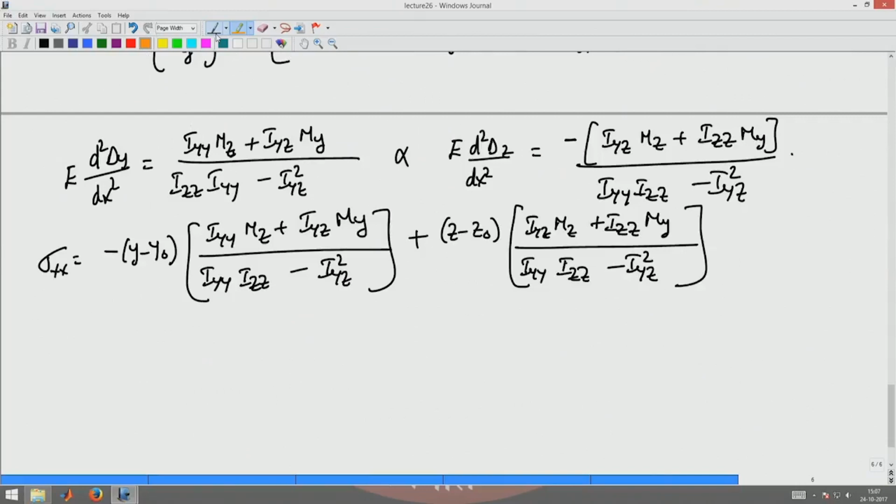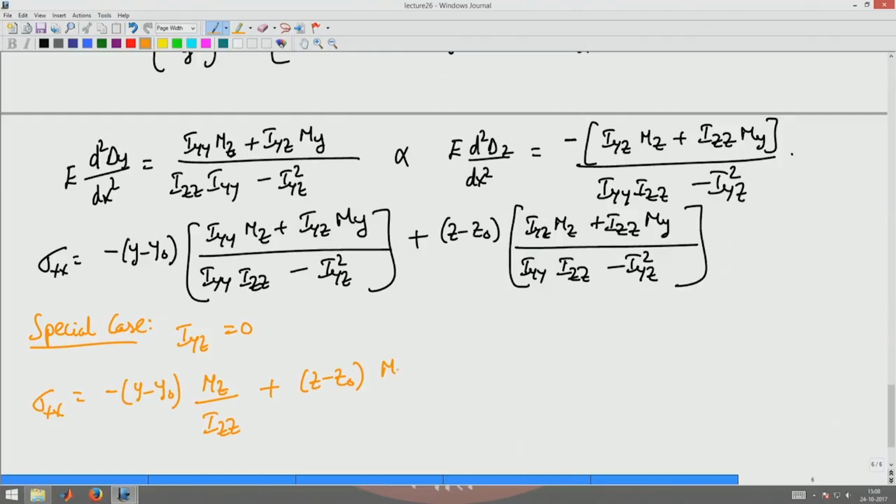Now, let us look at special cases. Let us look at the case where Iyz is 0. In this special case where Iyz is 0, your expression for sigma xx becomes minus y minus y naught Mz by Izz plus z minus z naught into My by Iyy.